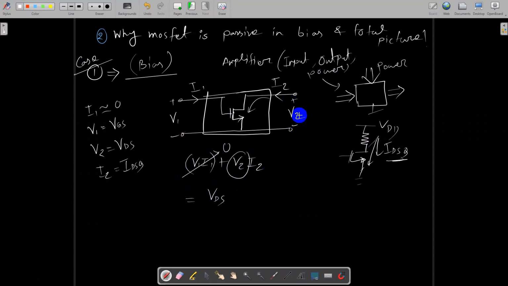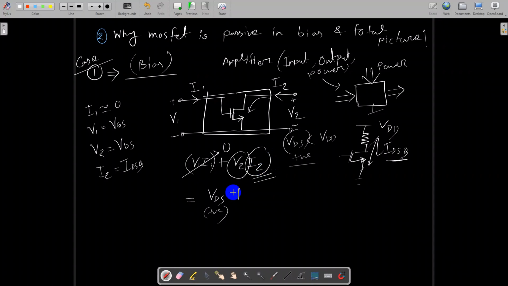We have got this VDS from VDD, so VDS is less than VDD. That's true. So this is a positive voltage across this terminal. To have it in saturation, VDS is greater than VGS minus V threshold. So this VDS is positive, and then we got some I2.